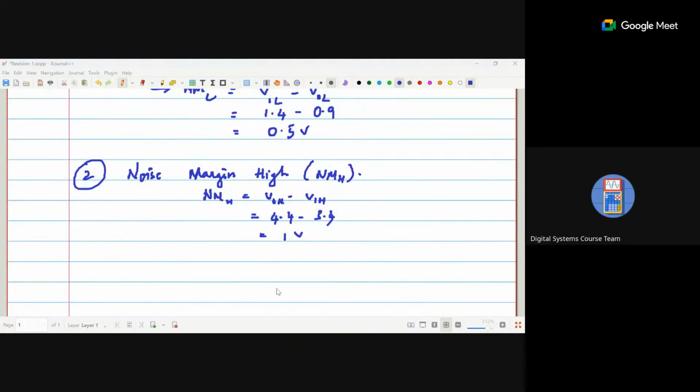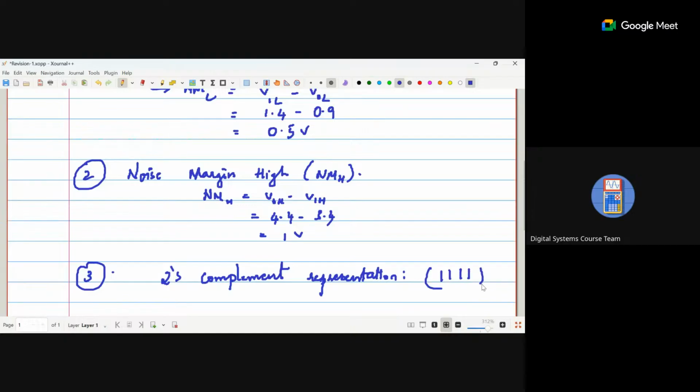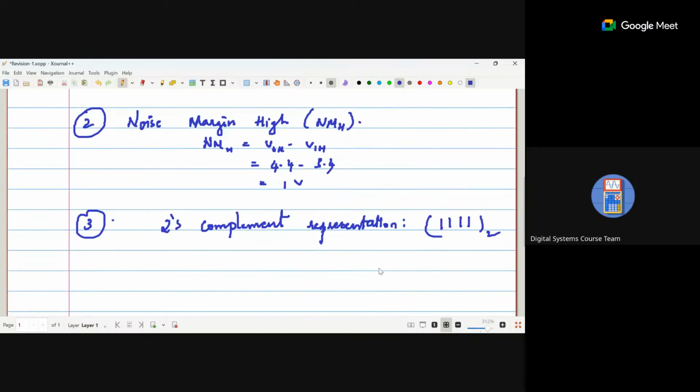Okay, then moving on to the next type of question. Suppose you have a two's complement representation for a given number, which is 1 2 3 4 in base 2.